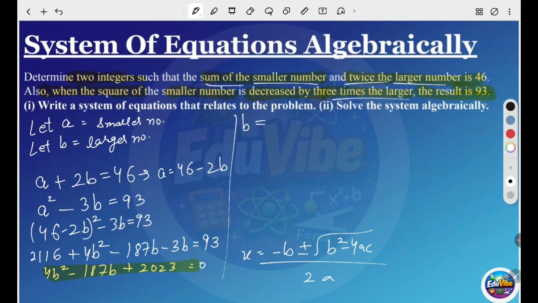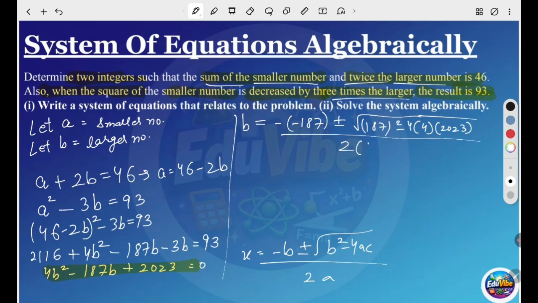So we have a minus, we have another minus, so this is 187, plus minus 187 square, minus 4, a we have 4, c we have 2023, a we have 4. So this should now equal what?